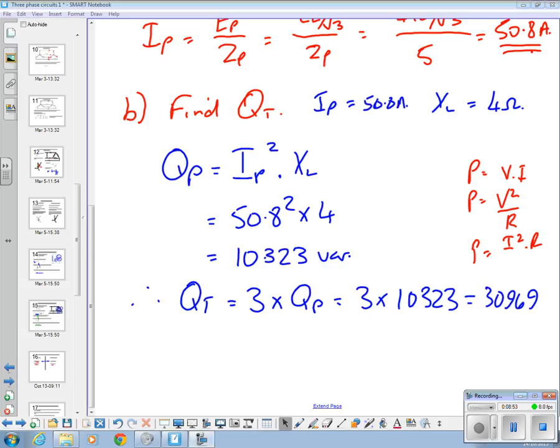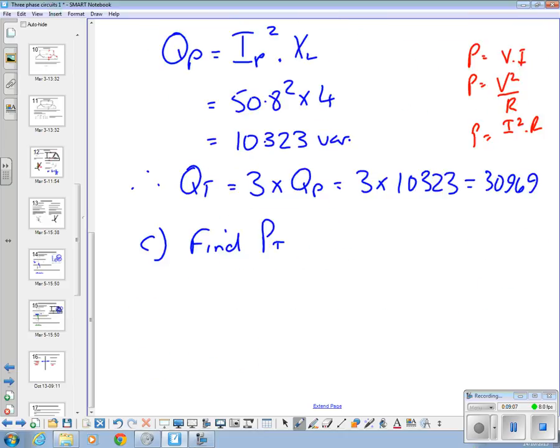So next bit is find the total power, was it? Do the same method just for resistances. Okay, so we got P phase is IP squared times R. I'm going to do it that way this time.